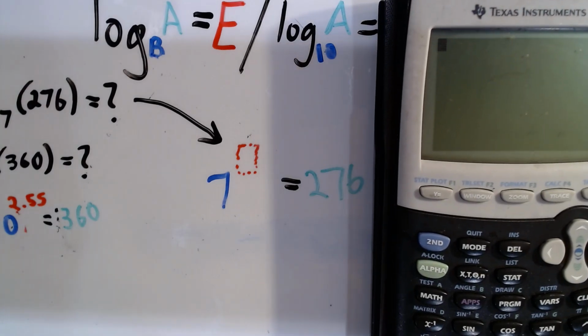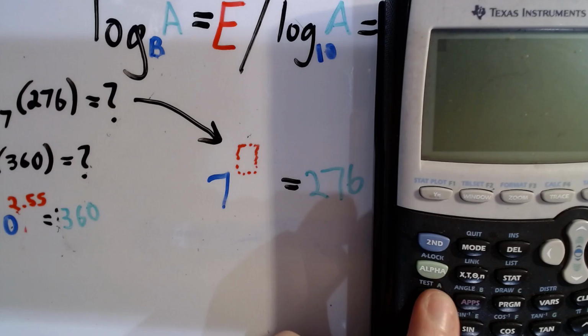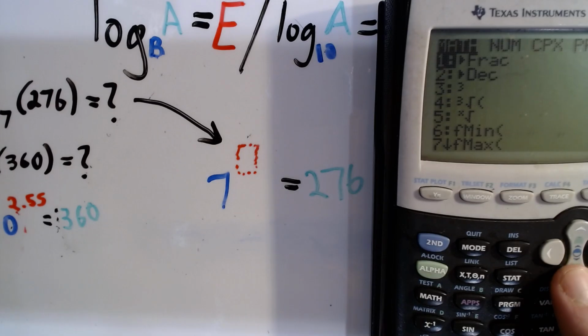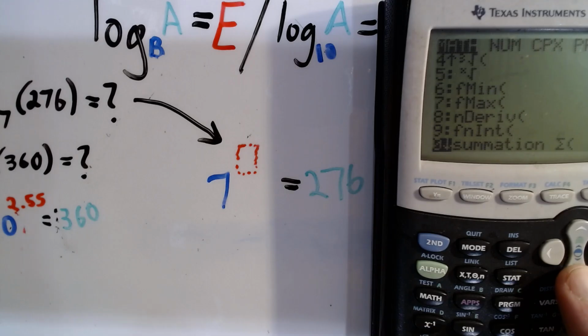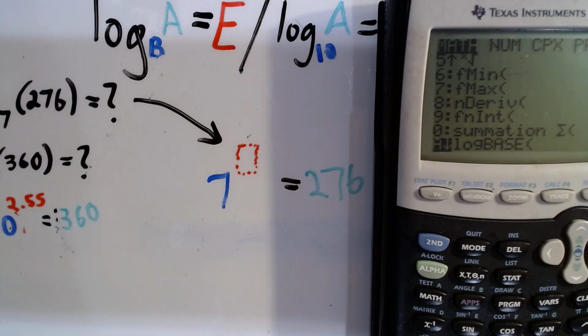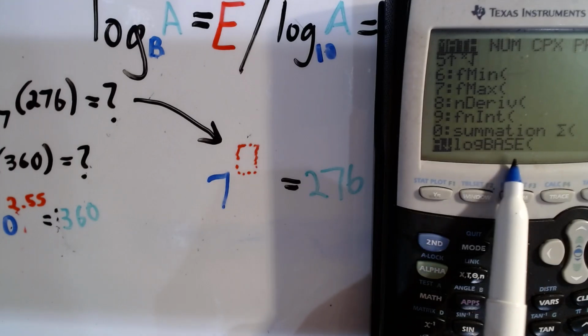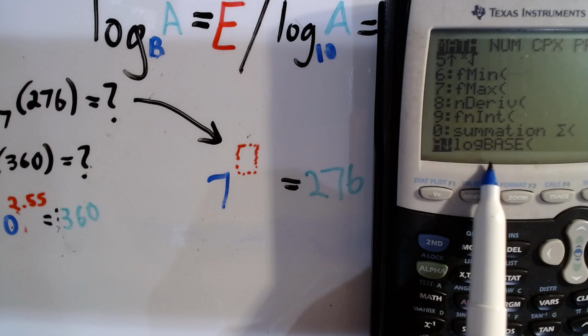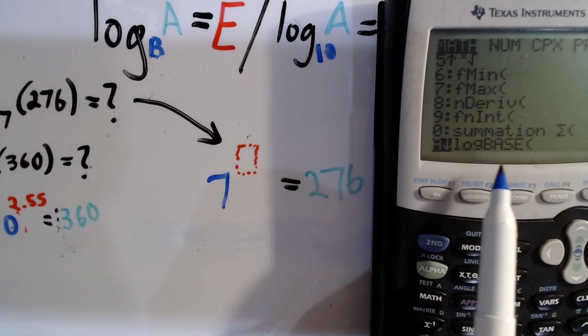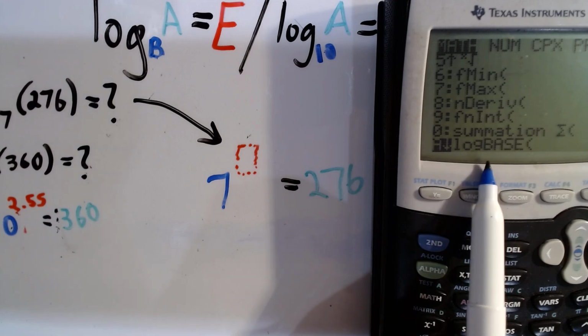On the TI-84 Plus, that will be the math button. We're going to scroll through our options, go down here where we see log base. And you see how base is in all caps there. The reason being, the calculator is saying, oh, looks like you want to use something else than 10 as your base.